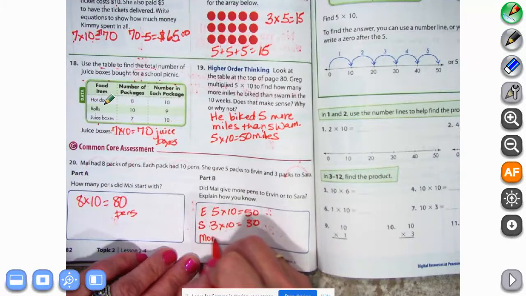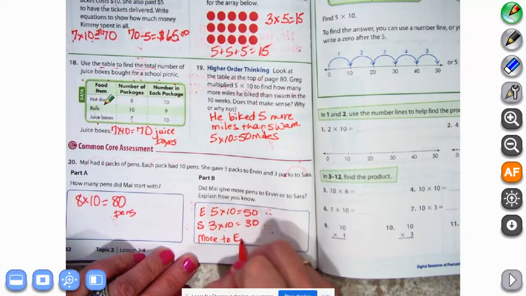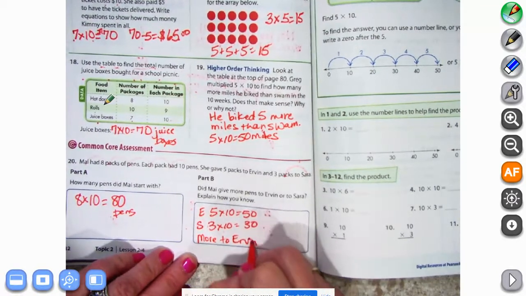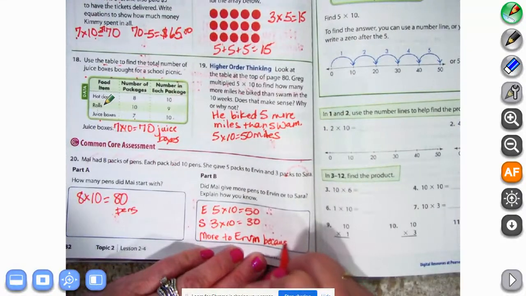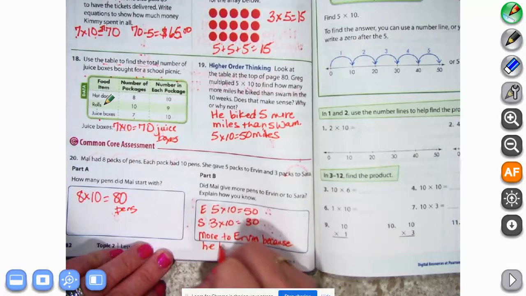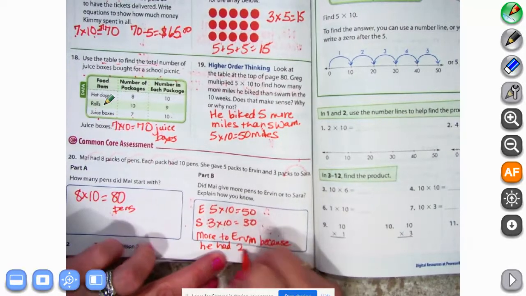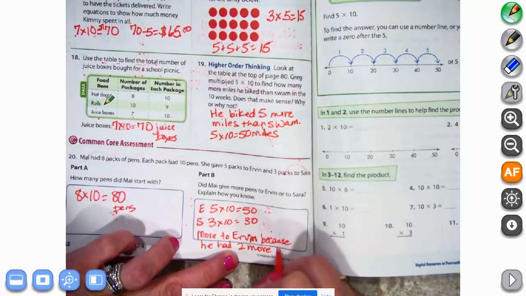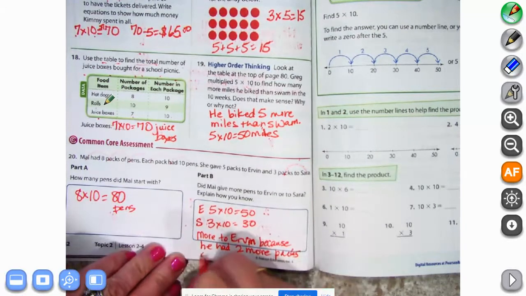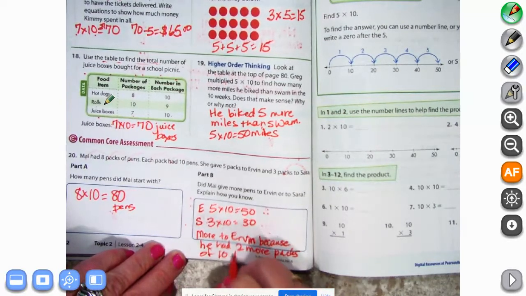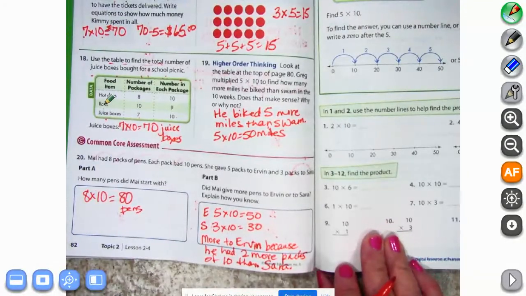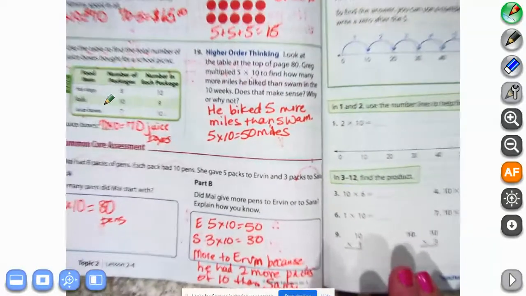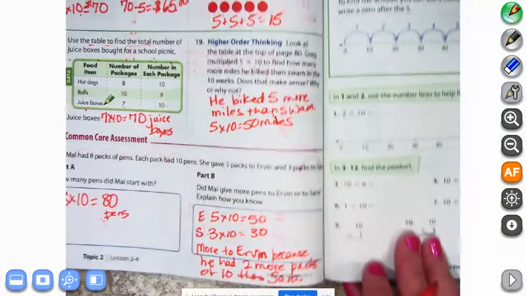More to Irving, because he had 2 more packs of 10 than Sarah. All right, go ahead and write that down. Pause it if you need to.